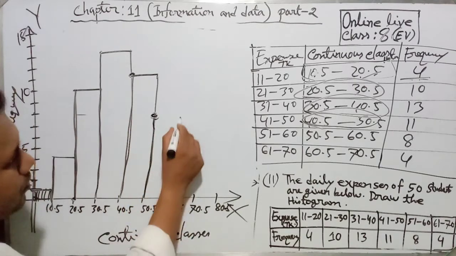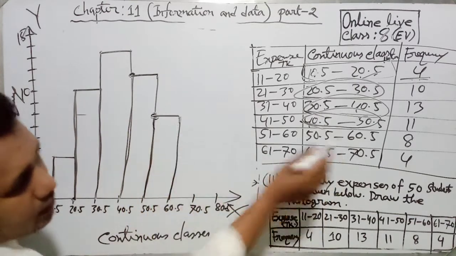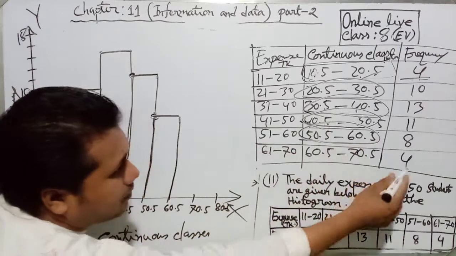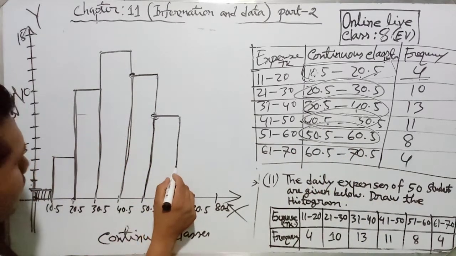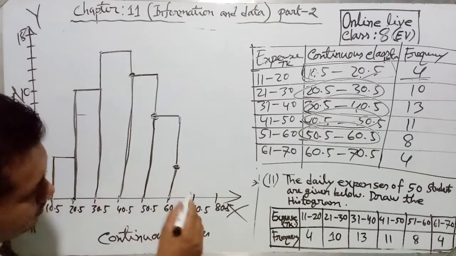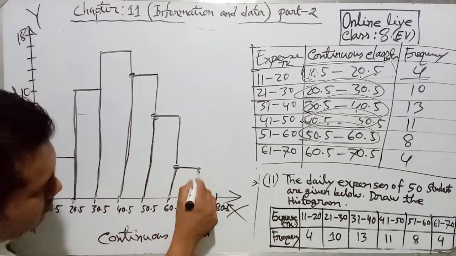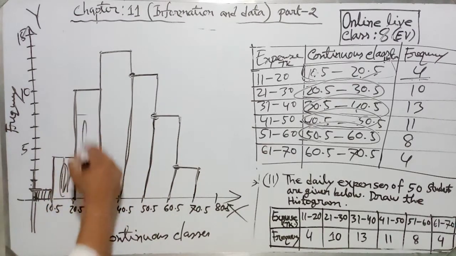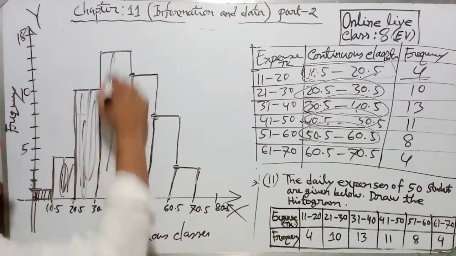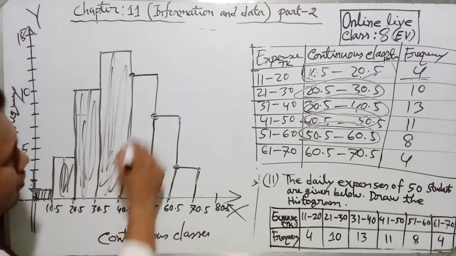Now go to 60.5. This is 8. Now finally 60.5, this is 4. So this is 4, 60.5, 4, and this is 4.